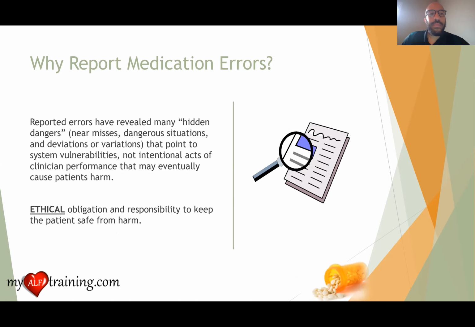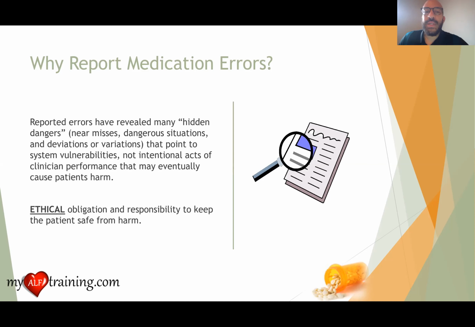So, why report medication errors? Reported errors have revealed in several different studies hidden dangers, near misses that point to system vulnerabilities, not intentional acts of negligence. And also, we should be reporting medication errors because we have an ethical obligation when we step inside these people's lives as healthcare workers performing this job.